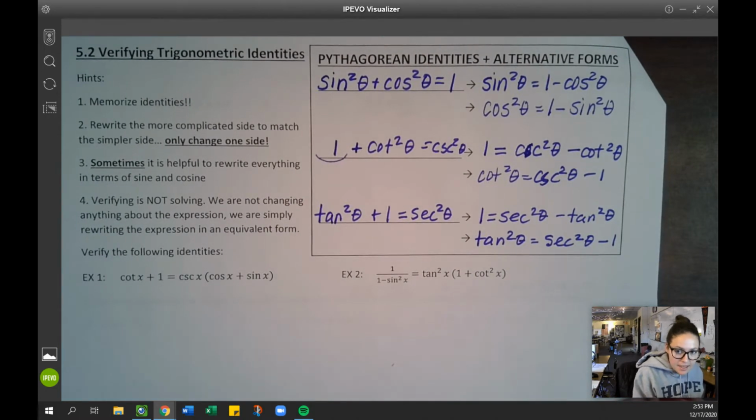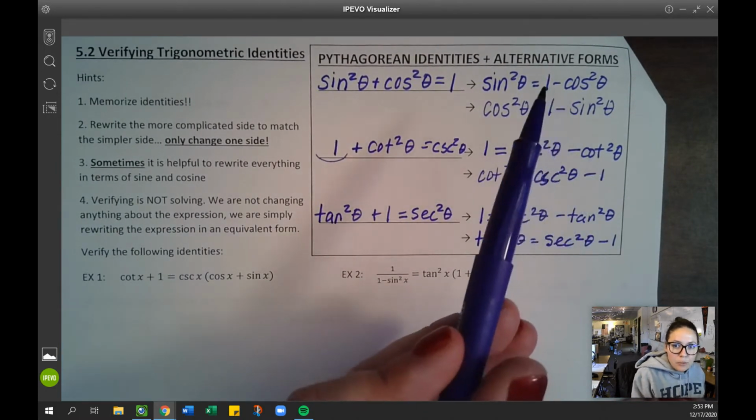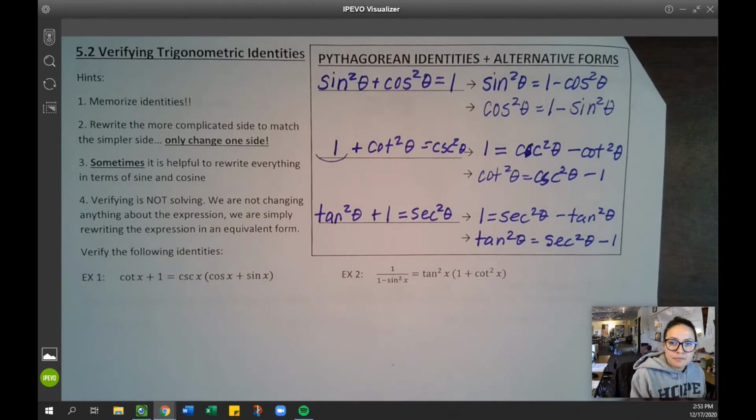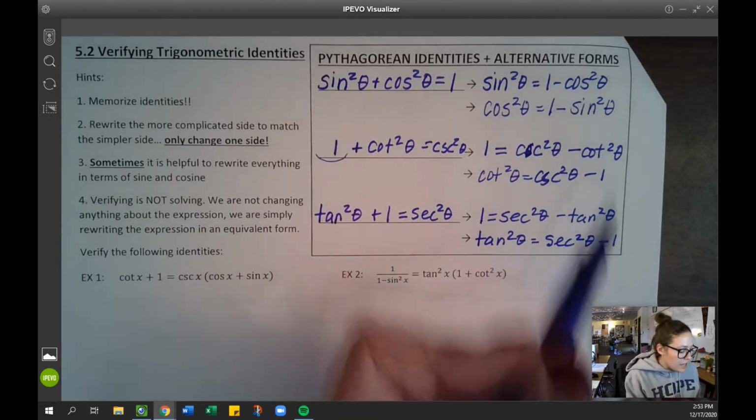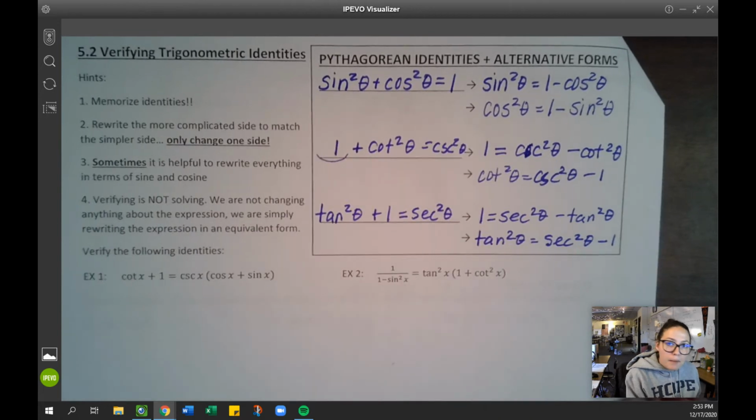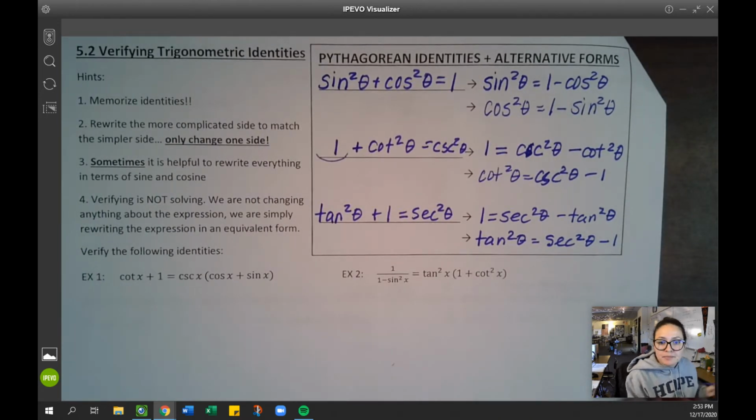The reason why I have you write all these out is because sometimes you might see something where it says 1 minus cosine squared, and it's helpful to know that 1 minus cosine squared is really just sine squared. So you might see these Pythagorean identities show up in their alternative forms.